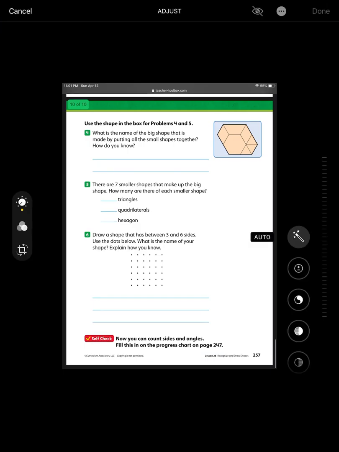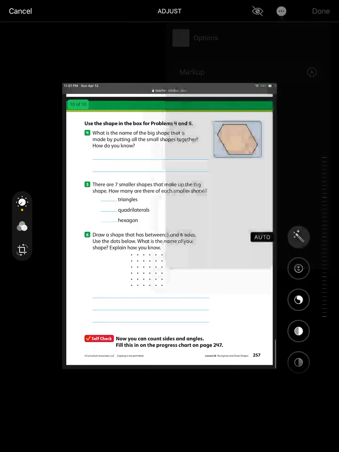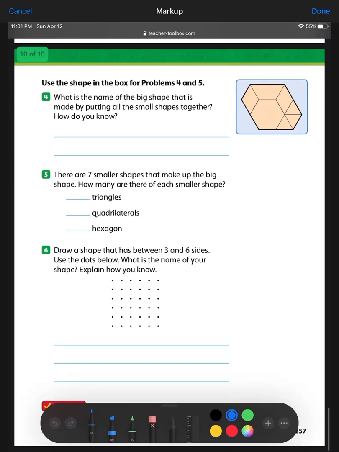To figure out the name of a shape, we can always count the number of sides. Okay, so let's count the number of sides. I'm going to put a dot or a line on each side. 1, 2, 3, 4, 5, 6. So this shape has 6 sides, so that means it is a hexagon.